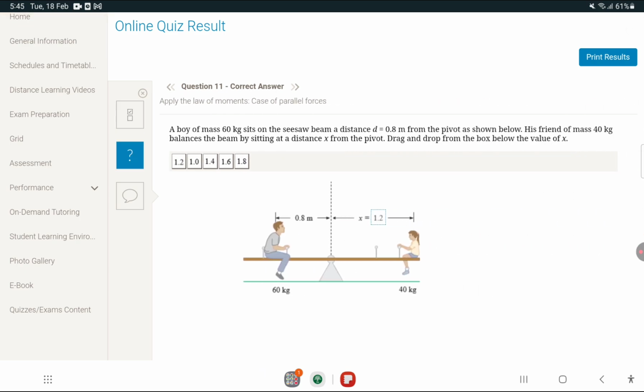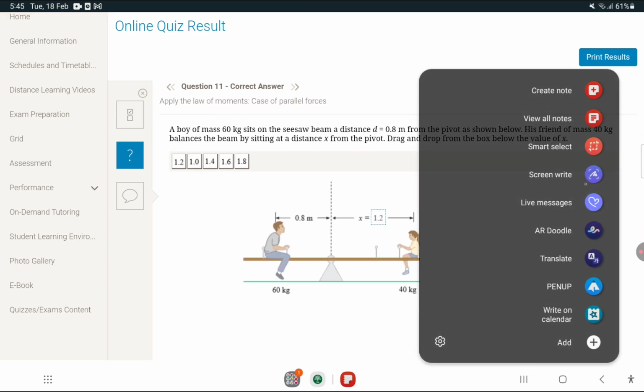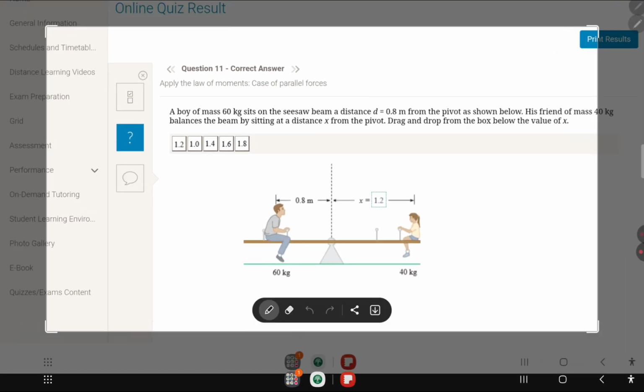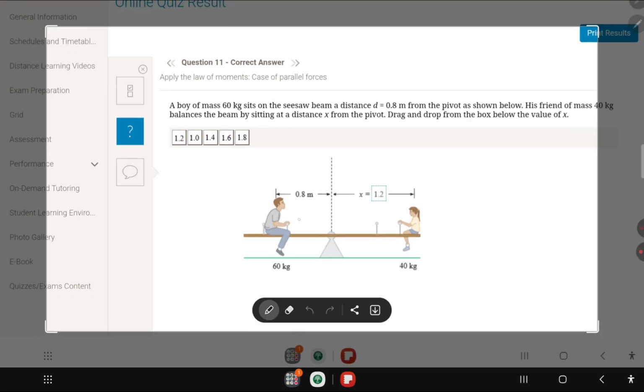Okay, here is easy as well. Here they said that the distance between this person and the fulcrum is 0.8 meters, and he's 60 kilograms. Okay, 60 times 0.8. And they want it to be at equilibrium.